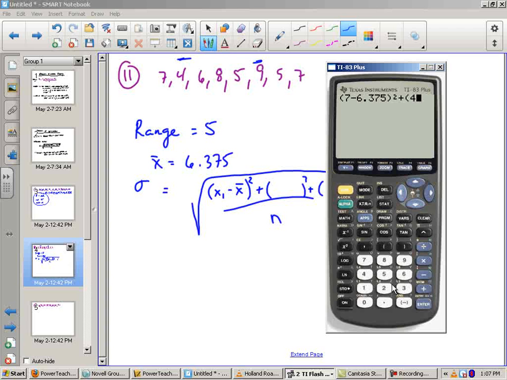I've got 4 minus 6.375 parentheses squared plus parentheses 6 minus 6.375 parentheses squared, plus, oh, I missed a plus up there. This is going to be a while, isn't it?